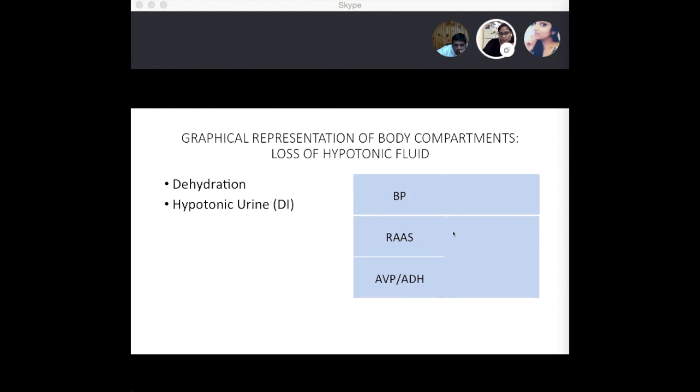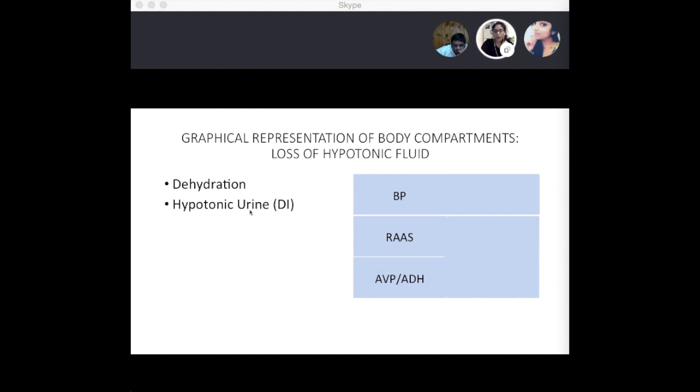It's a little bit harder or maybe less intuitive, but this patient would be essentially dehydrated, so they don't have adequate water intake, or they could be sweating, like a marathon runner, or they have hypotonic urine, and that could be indicating that they have diabetes insipidus. And I'll talk about that in just a second.